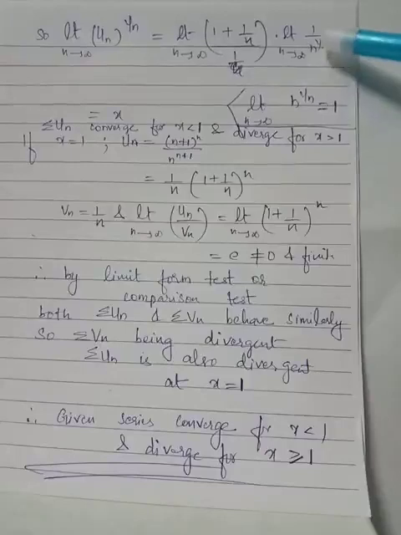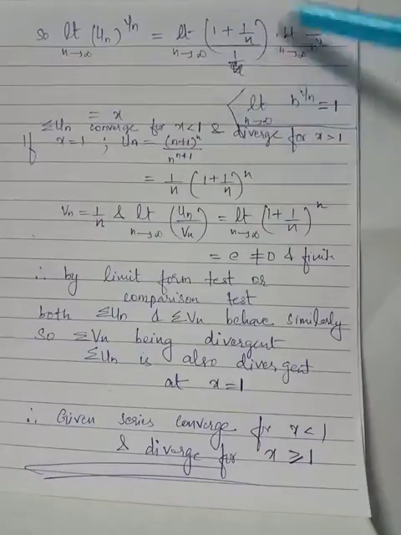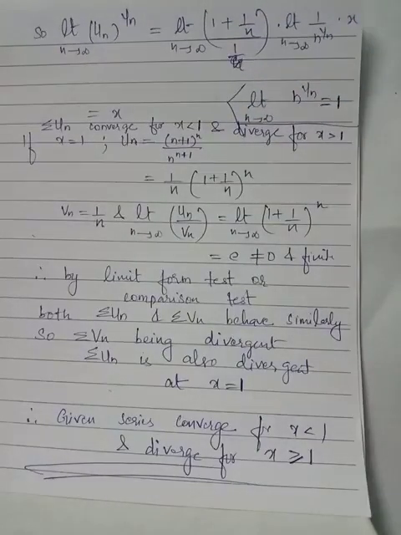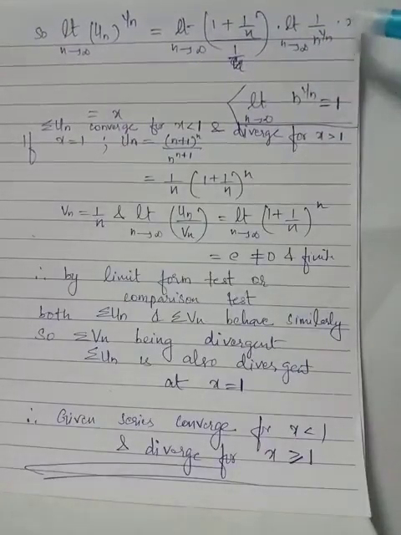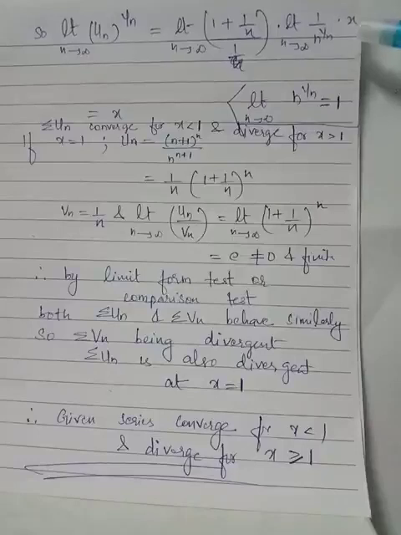Therefore, this limit answer is 1. Here, when you apply limit n tends to infinity, since 1 by n tends to 0, this limit also gives us the answer as 1. So 1 into 1 into x. To x, we cannot apply limit n tends to infinity because x is independent of n. Therefore, after application of the limit, we obtain the answer as x.